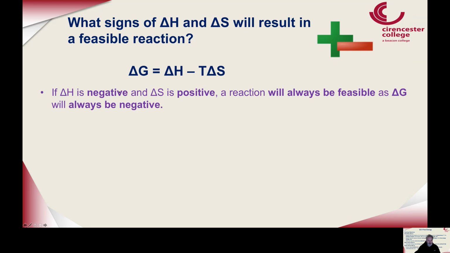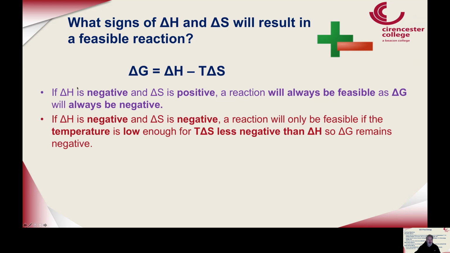If this is minus and you take minus something here, it's going to end up minus. You can't get away with it. It's got to be negative. So it's always going to be feasible.